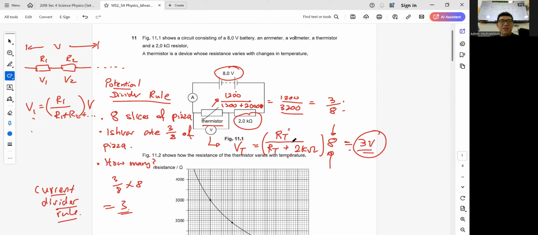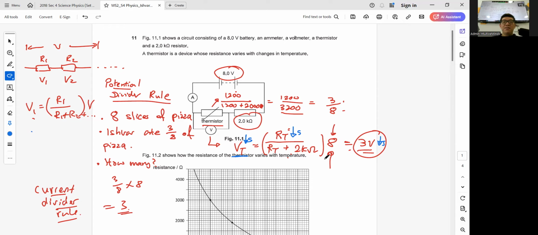Okay. So anyway, we don't have to talk about this at this point in time. The reason why I bring this out is because think about it. If you drop your thermistor resistance, because thermistor can change the resistance, what do you think is going to happen to this? It will also drop, and it will drop below 3 volt, for example.